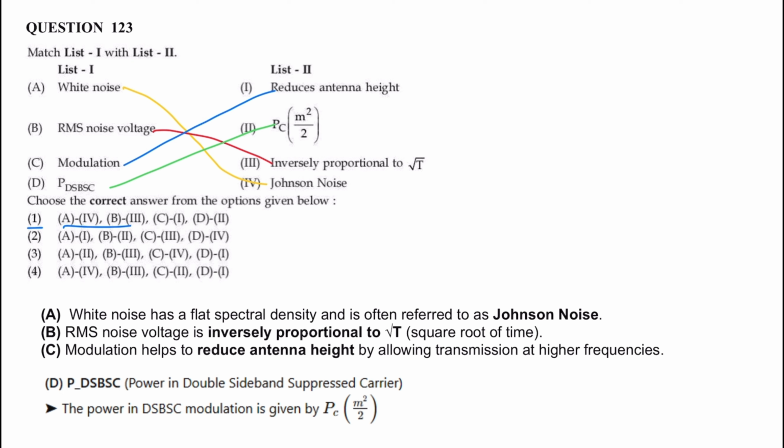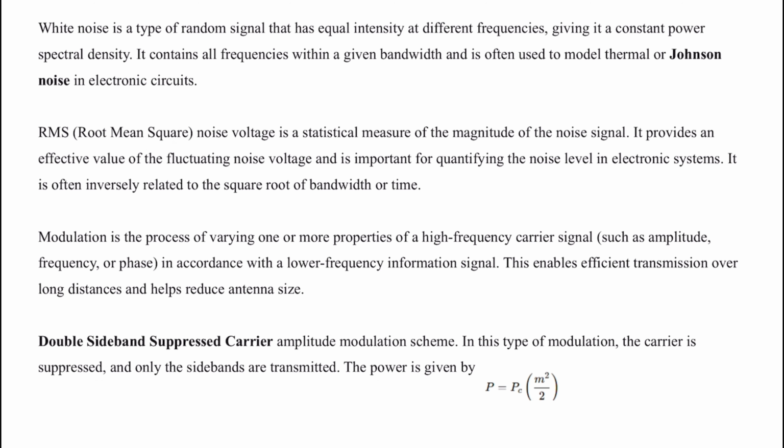Let us see some more theory related to this question. White noise is a type of random signal which has equal intensity at different frequencies, giving a constant power spectral density. It is also called thermal noise or Johnson noise in electronic circuits. RMS, root mean square noise voltage, is a statistical measure of magnitude of the noise signal. It provides effective values of fluctuating noise voltage, and it is important for quantifying noise level in electronic systems.